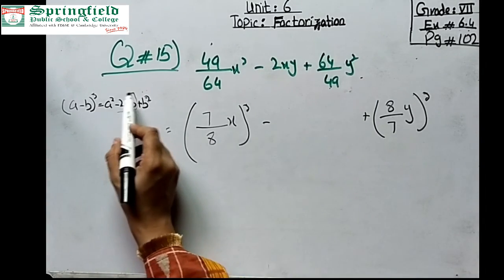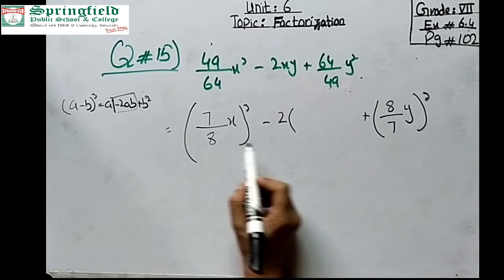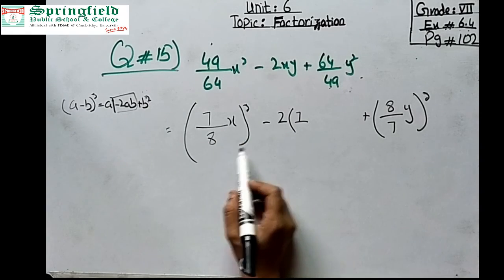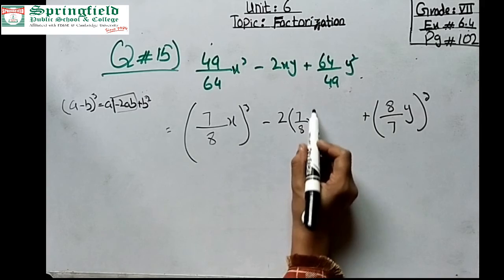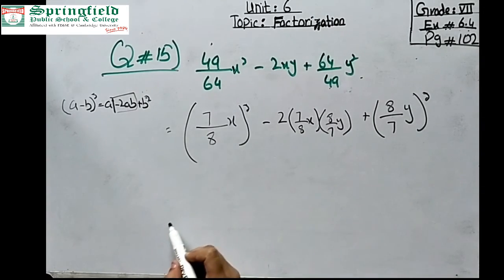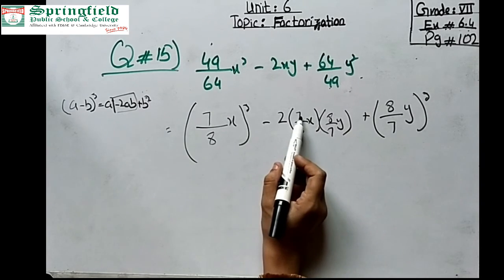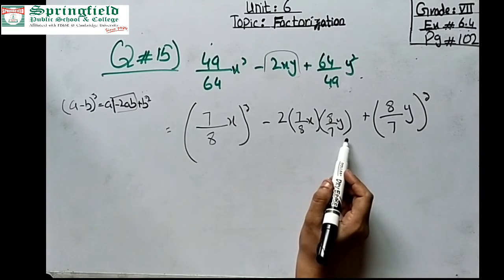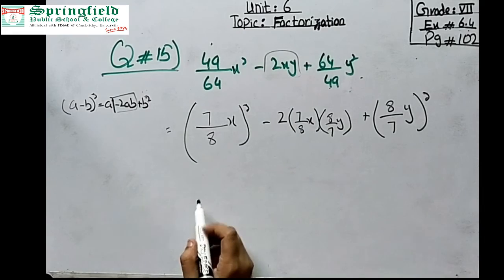Now find out the middle term, and the middle term is minus 2ab. 2 is fixed, so put the value of a, the first value, and the last value is b. 7 by 8x, and then write the b value. Okay, we can check that 7 can be cancelled with the 7 and 8 will cancel with the 8, so 2xy is left, fine, and this is the middle term.